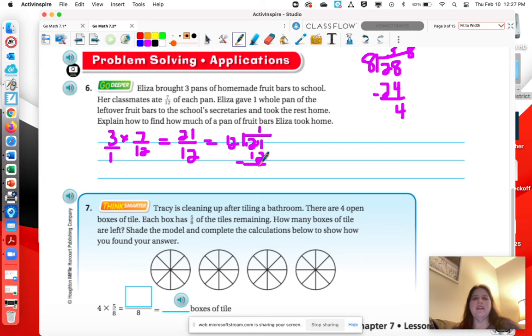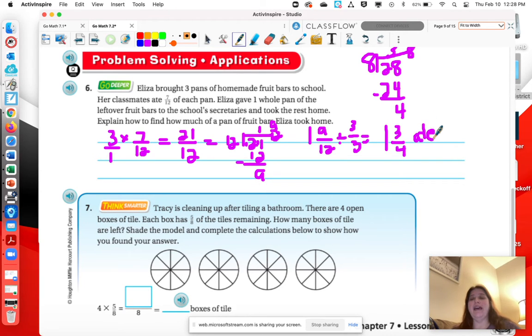We need to borrow. 11 minus 2 is 9. So I get 1 and 9/12. Let's fix that still. You should know that 3 can go into both 9 and 12. So we're going to divide them by 3. And we will get 1 and 3/4. So that's how much they ate.